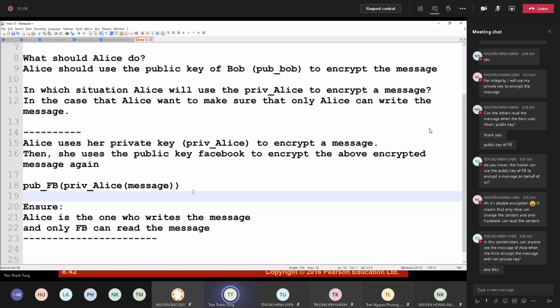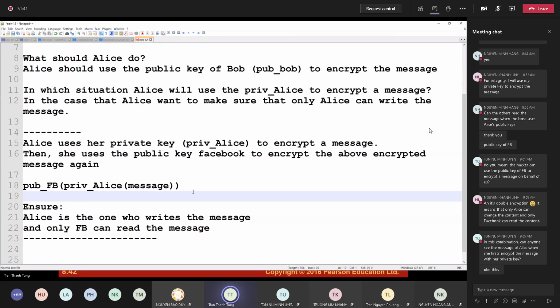But behind the scenes, the public key shown to everyone is the public key of the hacker. So it's just dangerous. The hacker will store it and send it everywhere, saying this is the public key of Facebook, but instead it is his own public key.